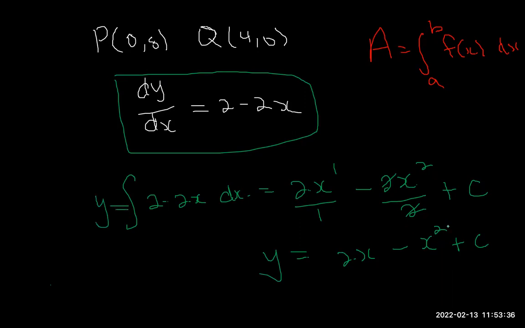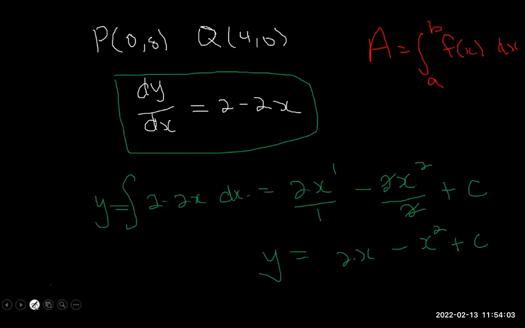So y is equal to 2x minus x squared plus c. What we did before, we were given only one point on the curve. Then we took that point and substituted it in here to get the value of c. Now we have two points lying on the curve, but that's not a problem. Since they both lie on the curve, it doesn't matter which one I use. I can decide to use point P or point Q. I will get the same answer for my value of c.